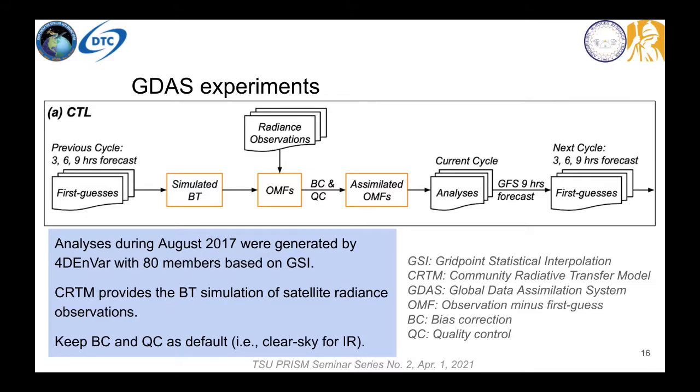Another big, important piece of information provided by CRTM is the Jacobian.